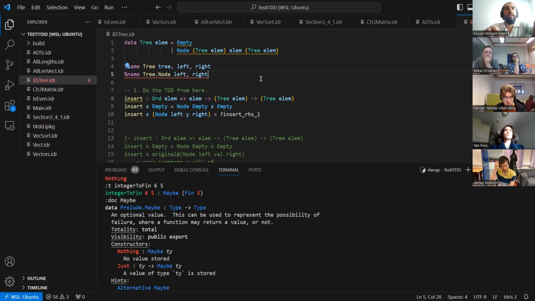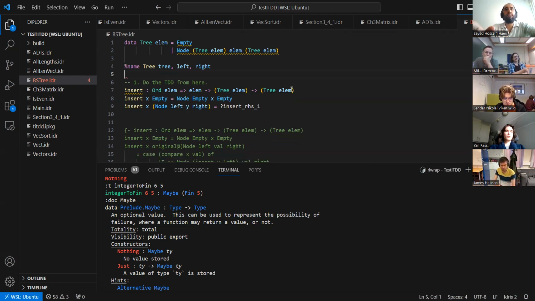Okay, this is not syntax. Let me see. Main, no, that's not the one. No, but that's a very interesting question. I don't know whether that's something we can do.